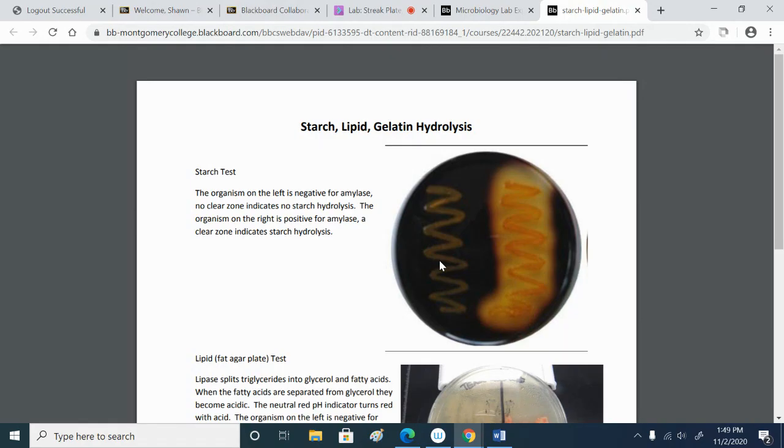If you can see the writing through the agar, then you know the starch has been hydrolyzed. We can see the clear zone around the growth, so no starch is in the agar around the growth. It's all been hydrolyzed. And because there is a zone, that means the enzyme has been secreted into the agar, and it's destroying the starch.